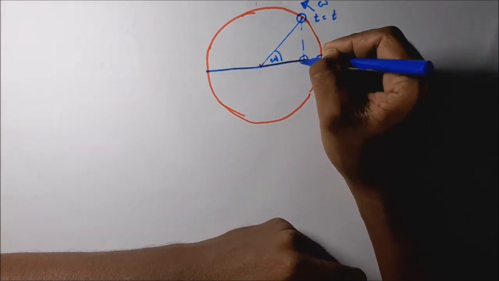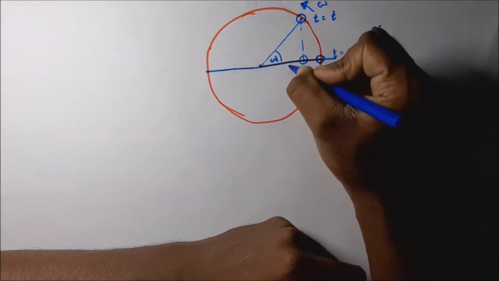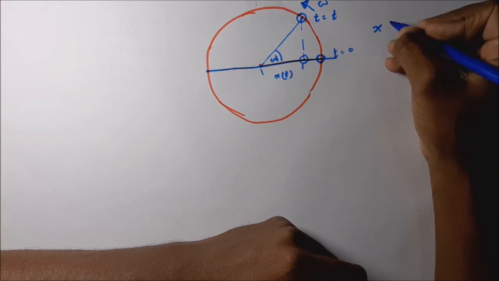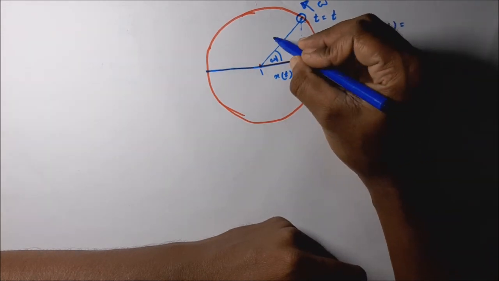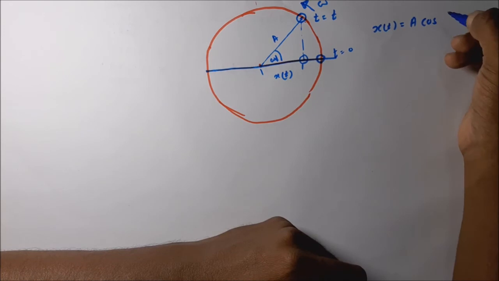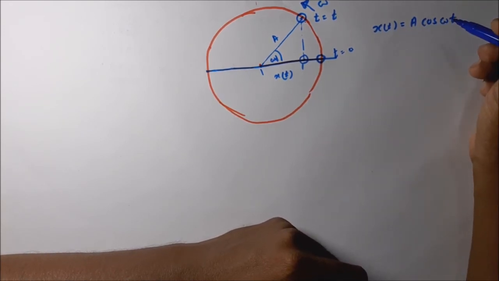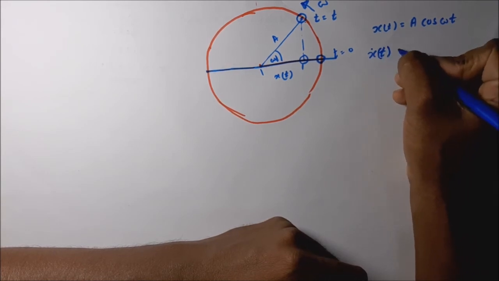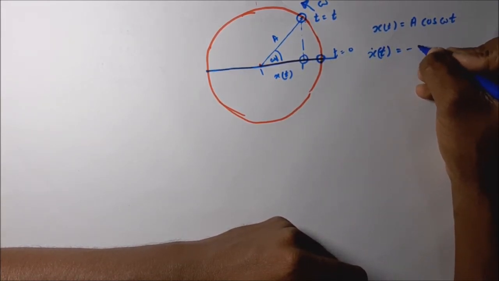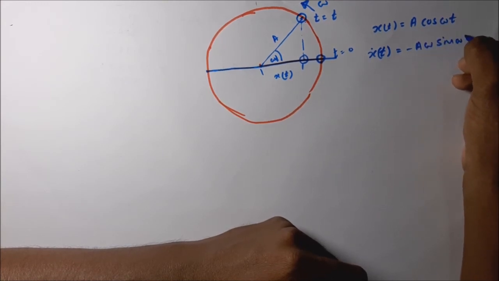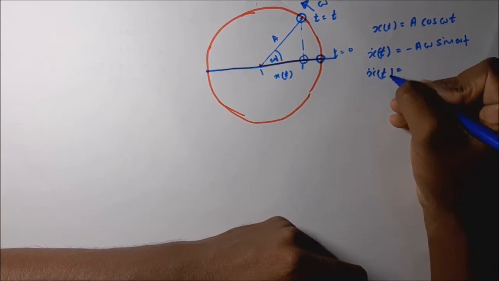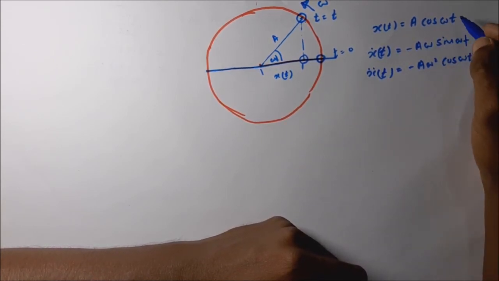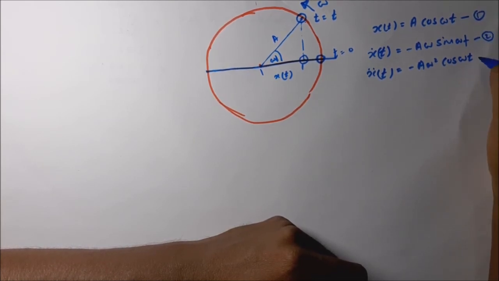Then the displacement from the center is x(t) equals a cos omega t, where a is the radius. Then x dot t is equal to minus a omega sin omega t, and x double dot t is equal to minus a omega square cos omega t.